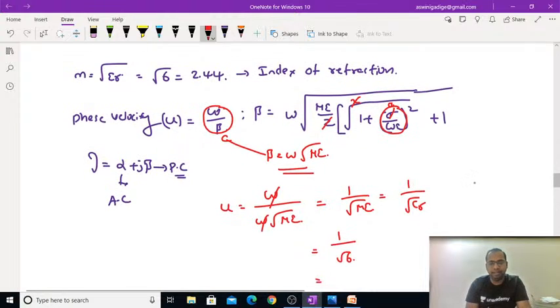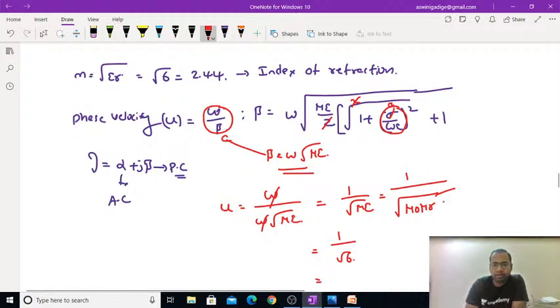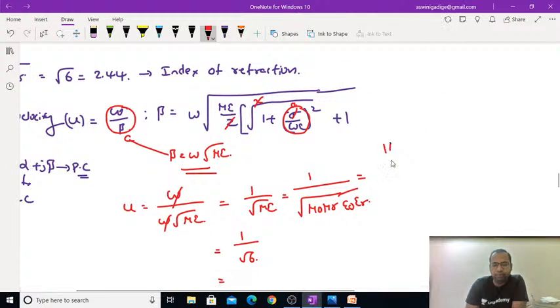So here we have to take 1 divided by root of mu naught mu r and epsilon naught epsilon r, and then we can also write this one as 1 divided by root of mu naught epsilon naught, divided by root of mu r and epsilon r.